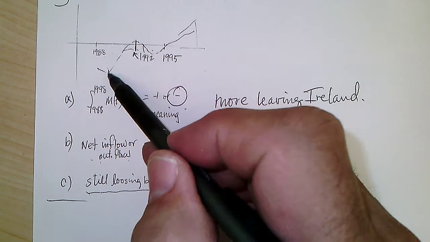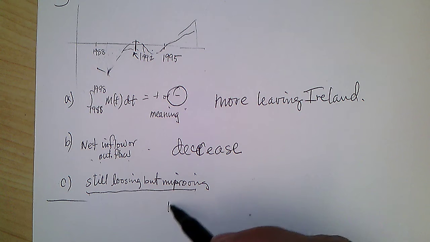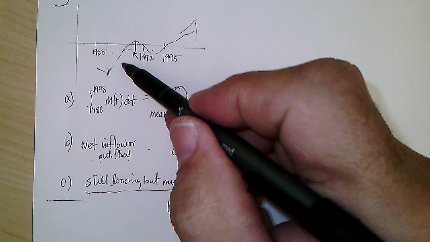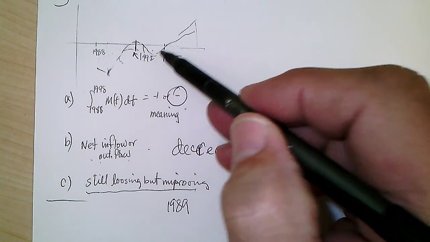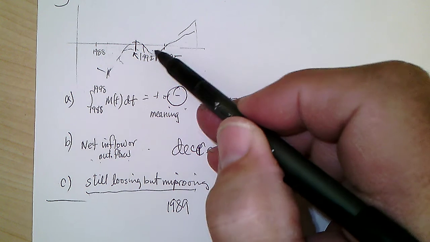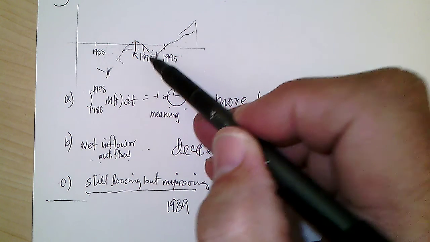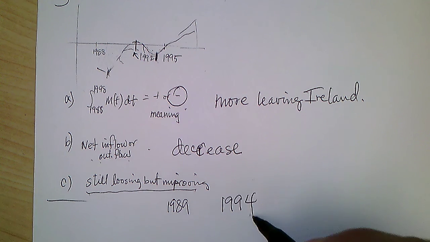So here's where it changed. In 1989, it got better, and it was actually people coming in. And then it started losing again, and then right here, it started getting better again. So there's two places where it started getting better, and that would be about 1994. That's what they were looking for.